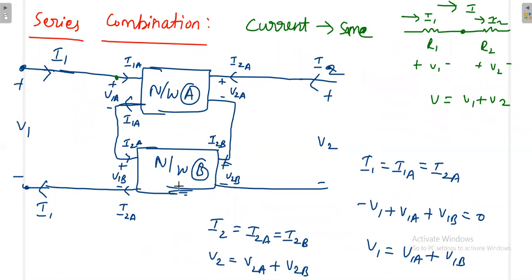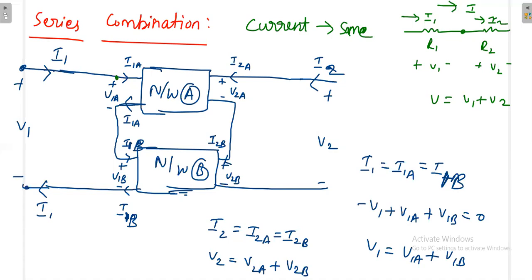We made a mistake here. Because this is the input side, we have to use 1 here. This is I1A, and for network B this is I1B. So I1 is equal to I1A and I1B. Whereas here I2A, I2B, it is correct.